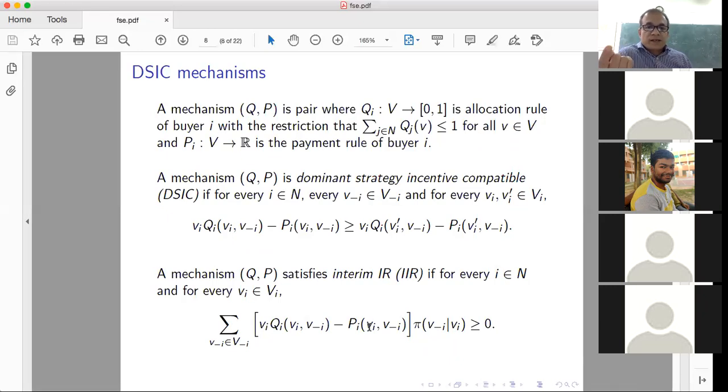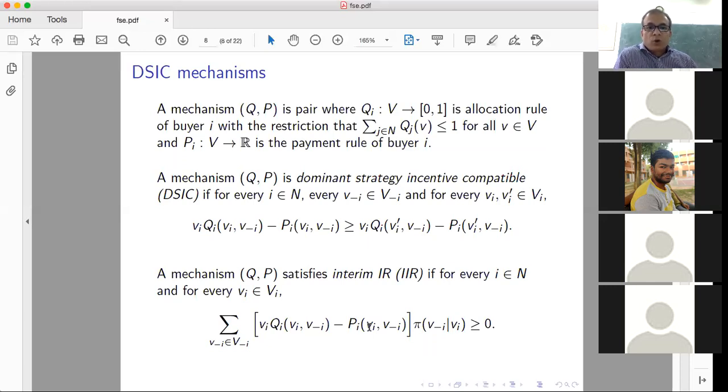This choice of IC and IR constraints is motivated by the particular mechanism that is being used in the paper. The mechanism used in the paper is indeed dominant strategy incentive compatible and satisfies interim IR. So let's stick to this for the moment, and I'll comment on what happens if we change these things.